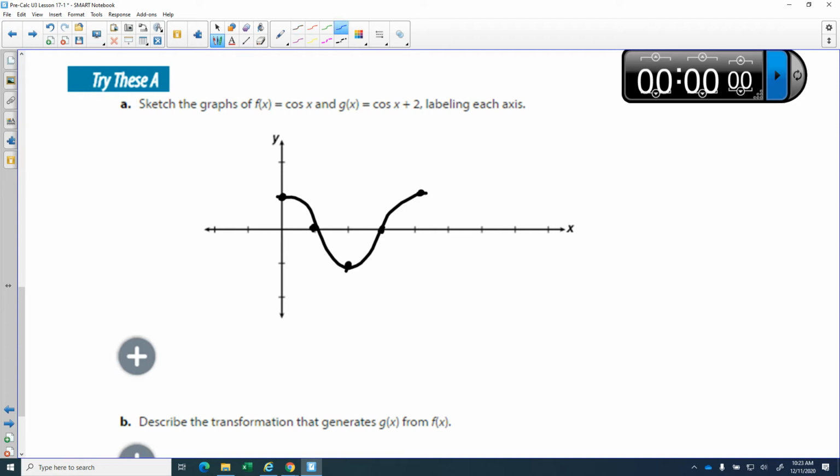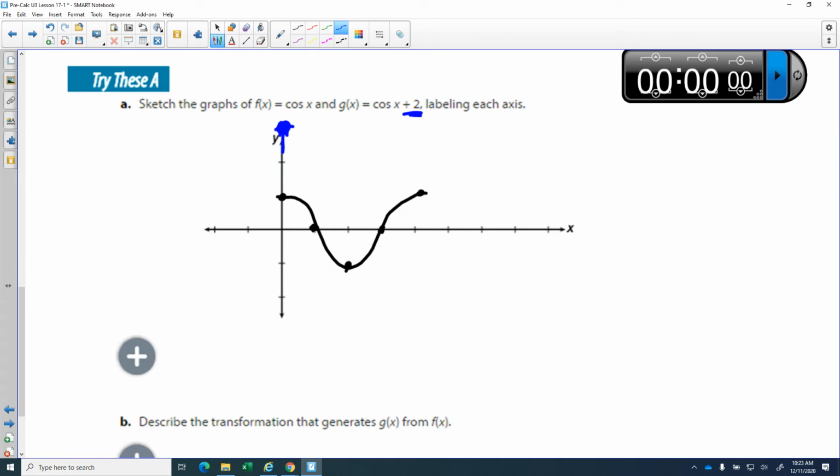Well, just like how a vertical transformation can lift or bring my graph up, so can this value right here. And what it really does is lift this graph up to specific coordinates. So now instead of being at this position, this graph is going to be up here. I'm going to have a coordinate at positive 3.